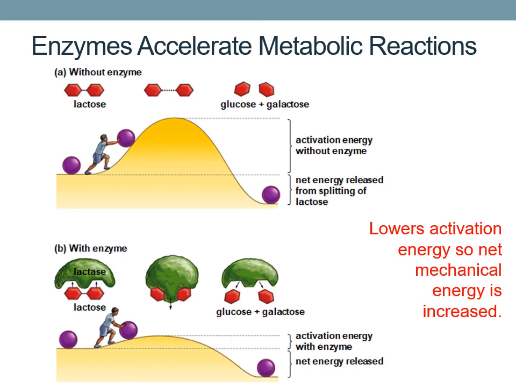The net energy is the amount of energy released from breaking the bond in the lactose molecule. Comparing the top figure to the bottom figure, it takes much more activation energy to get substrates to the top of the hill without an enzyme than it does when that molecule has an enzyme to bind to.